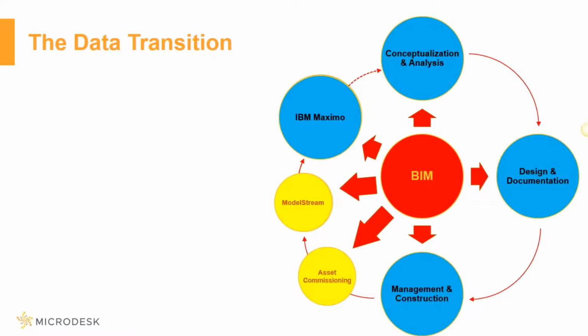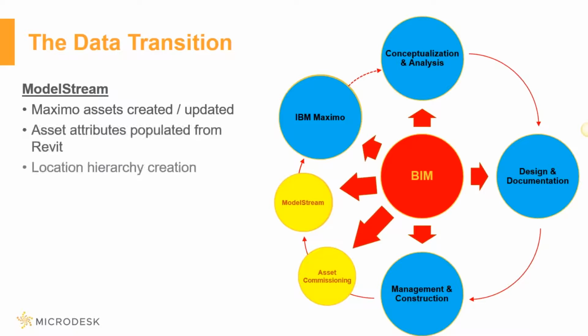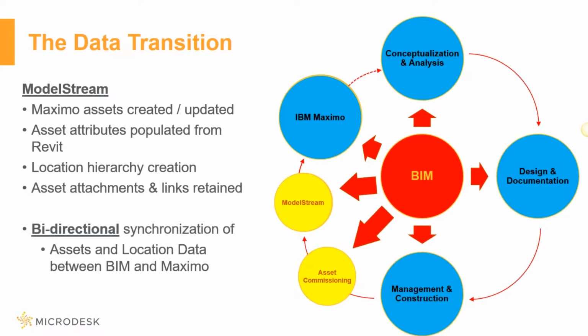And really what the Model Stream software will allow us to do is look at how the Maximo assets are created, the location hierarchy is created, asset attachments and links, they're transferred over from the Revit model. And again, it's bidirectional synchronization of information between the assets and Maximo and Revit.